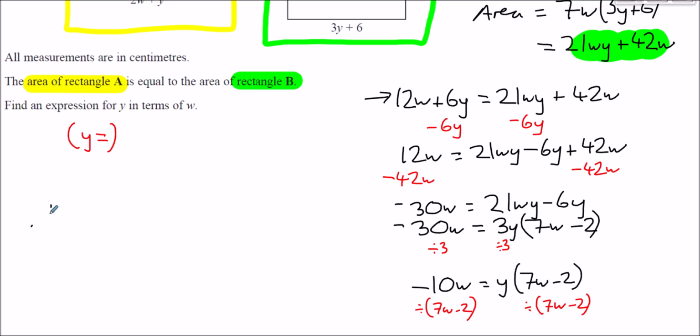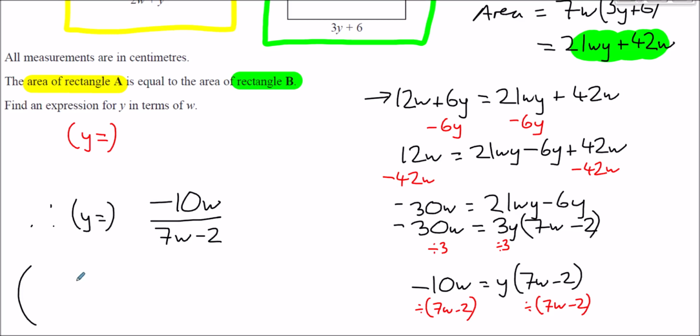So therefore, we're going to have y equals, we don't need to put y equals, an expression strictly speaking doesn't have an equals sign. But then we'd have minus 10w all over 7w minus 2.